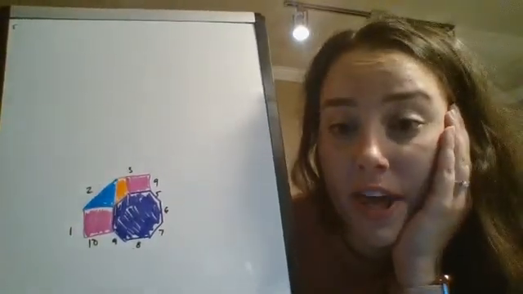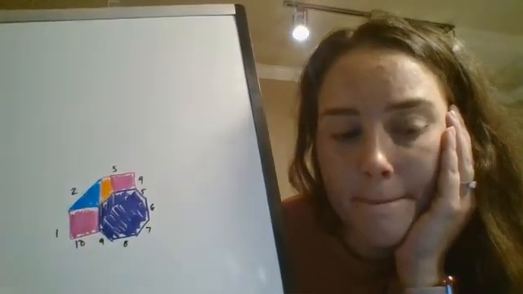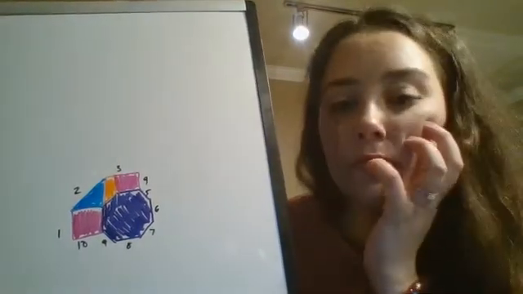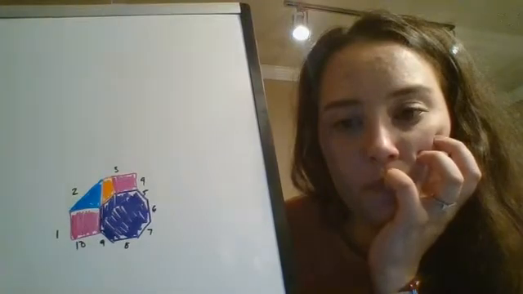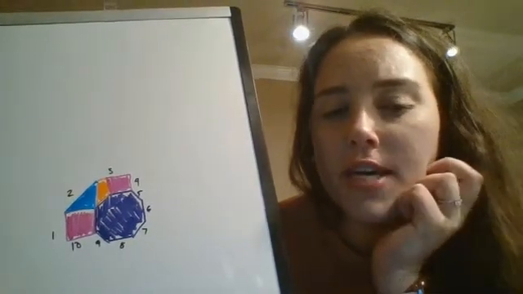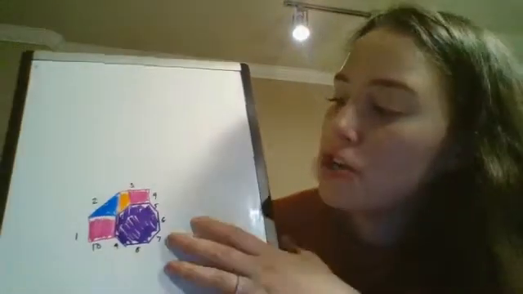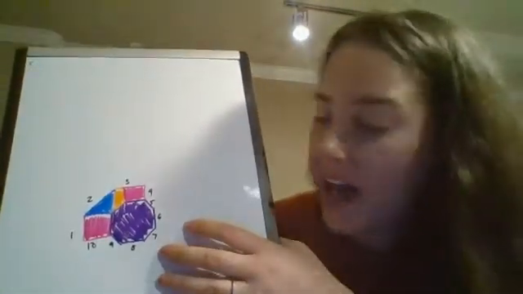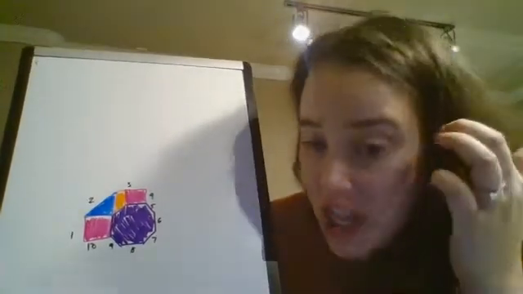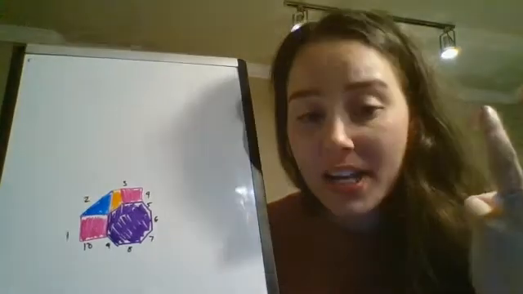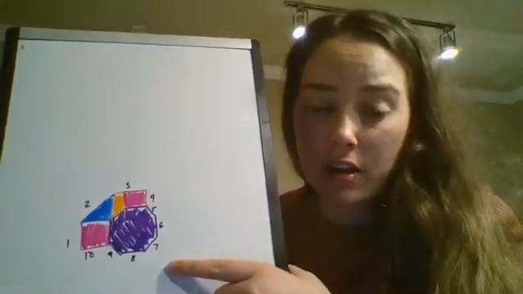I'm going to give you a moment to think about it. If you think it is a decagon, you are absolutely correct. So I just made a new shape, a decagon, but I used 3 different shapes: a triangle, quadrilaterals, and an octagon.